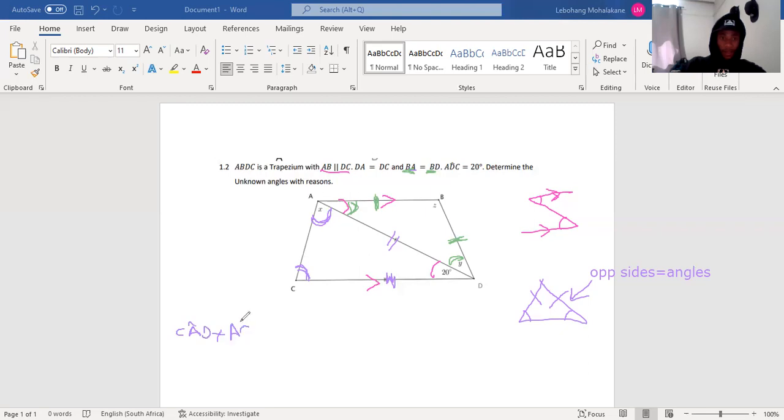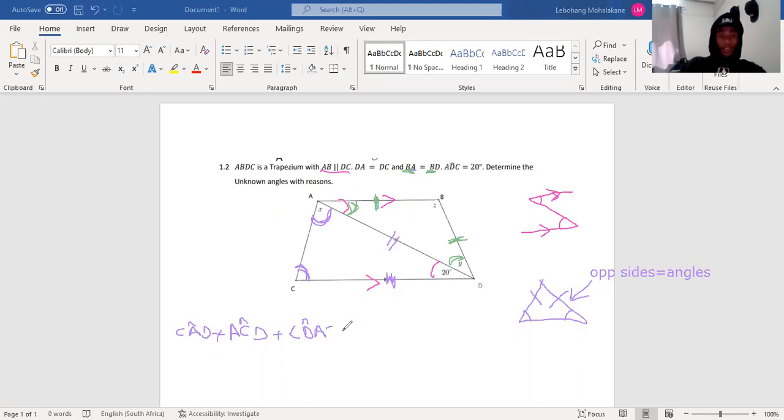A, C, D. It's this angle here. And then we have angle CDA. So it's these three angles.